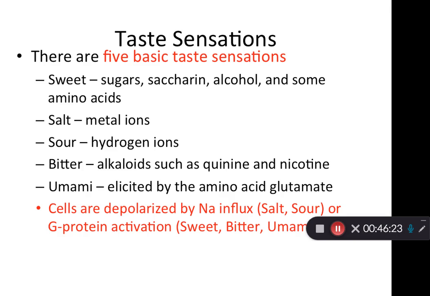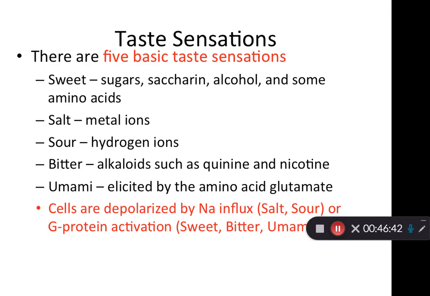So the third sensation is sour. For example, we have vinegar in our kitchen. The vinegar is one type of acid.